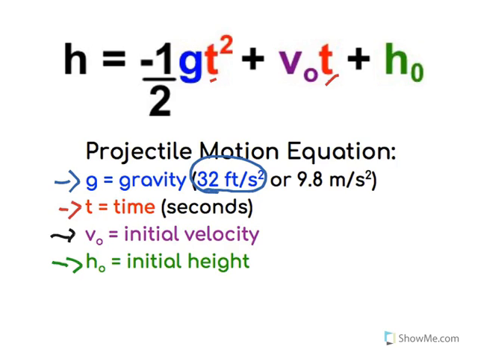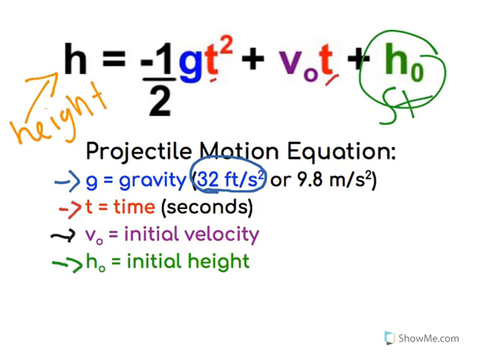This H over here, where it's H equals, stands for the height that you're trying to find, depending on if the ball is going to hit the ground or land somewhere above the ground. So this is always the height that you start with. This is the height that you end with.